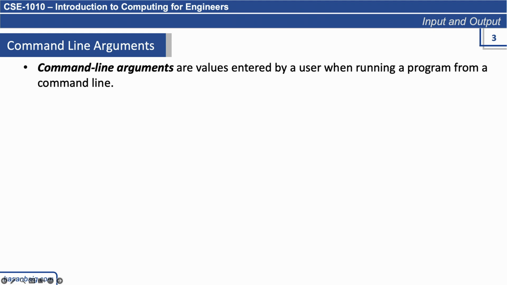A command line exists in some program execution environments wherein a user can run a program by typing at a command prompt, just like you run the code by typing Python, the file name, and after the file name you actually pass the arguments.